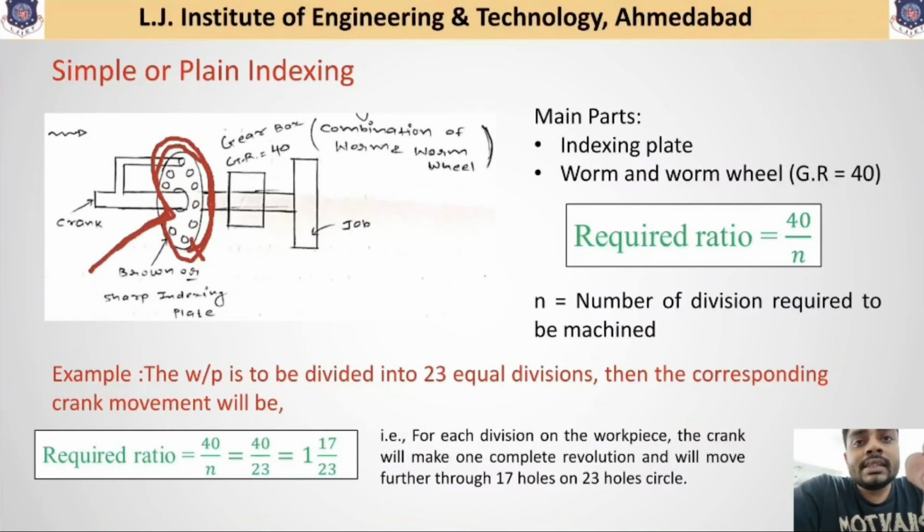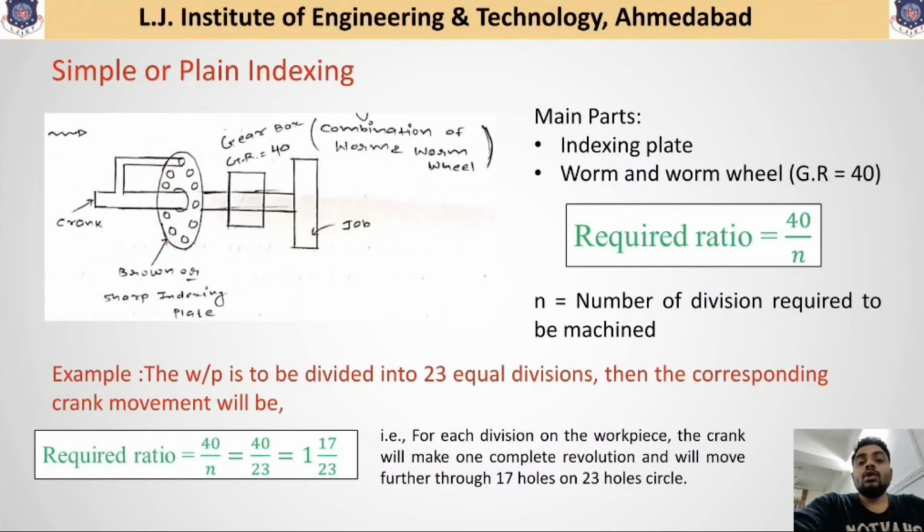Now perform the machining operation and repeat this procedure until 23 equal divisions are obtained on the workpiece, for gear cutting. So this is nothing but the simple or plain indexing method.